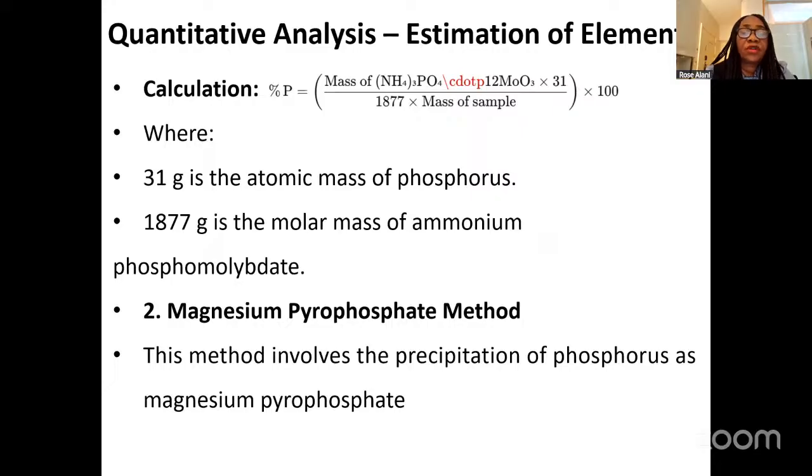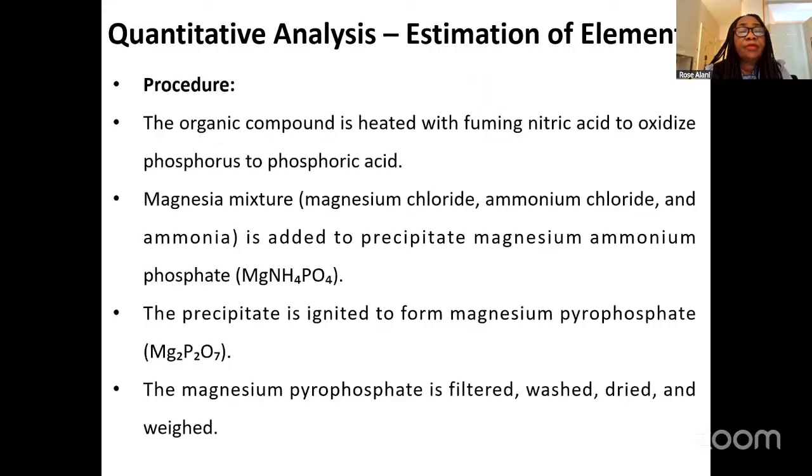Another method is the magnesium phosphate method for determining the phosphorus in the organic compound. In this case, you heat your organic compound with fuming nitric acid to oxidize to phosphoric acid.